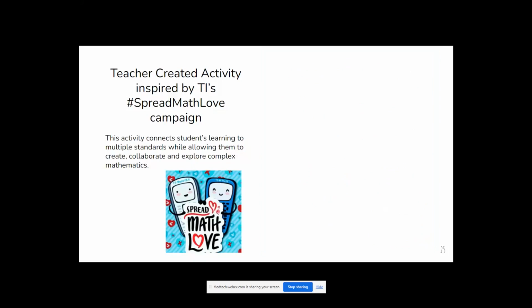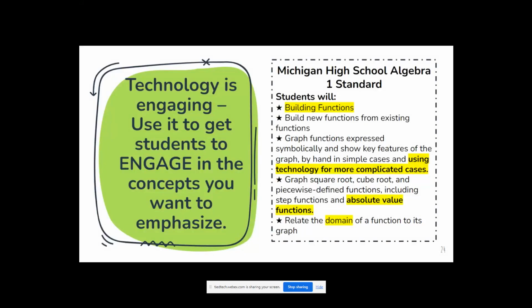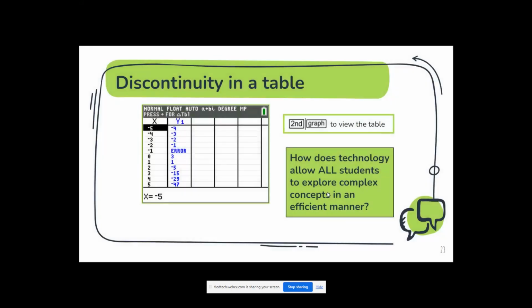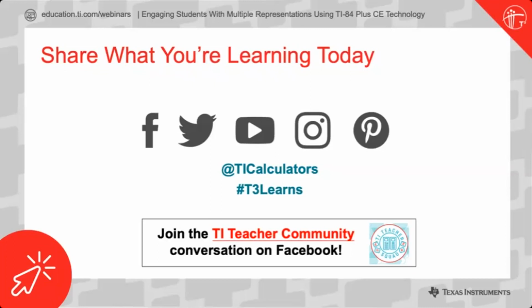One thing I just want to make a quick comment on. Somebody in the comments had talked about rich activities and if all the students would have access to the technology. Even if you don't have a classroom set of handhelds, it can be done. Doing teacher-led activities with just the Smart View still gets the idea across, just like we've done tonight. We showed you the things. We didn't have you each using a calculator in your own hand.